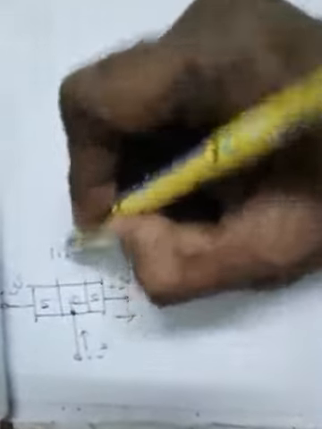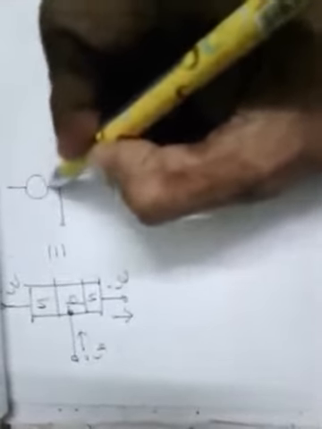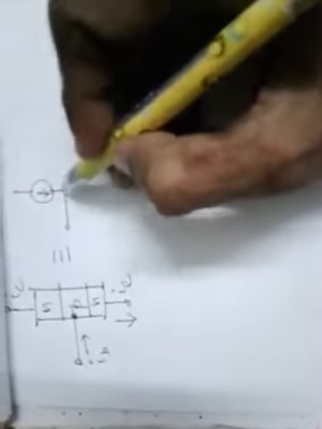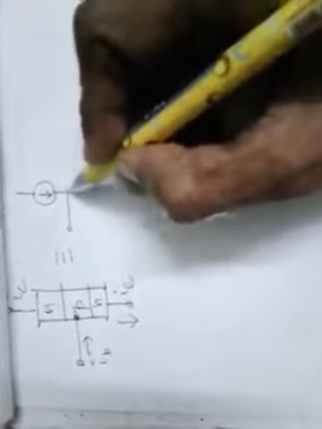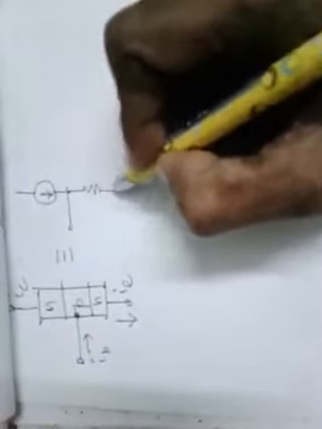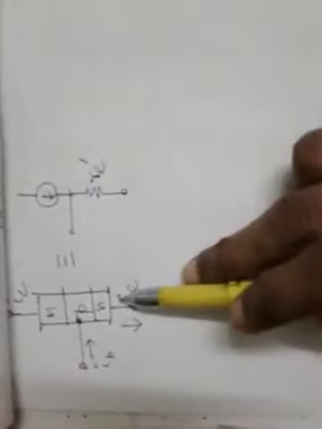So it is equivalent to a circuit which is given by a current source representing the collector diode. It is directed downwards. It is the symbol of an AC current source obviously, and this is RE dash, the AC emitter resistance. So this is the equivalent circuit with respect to this.